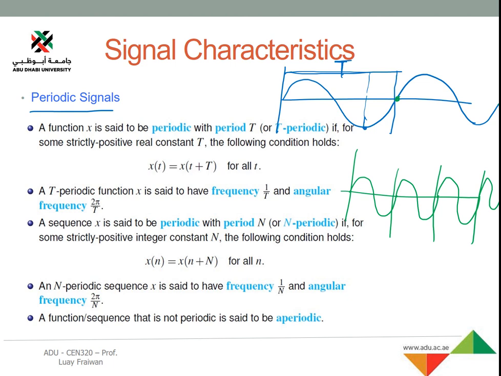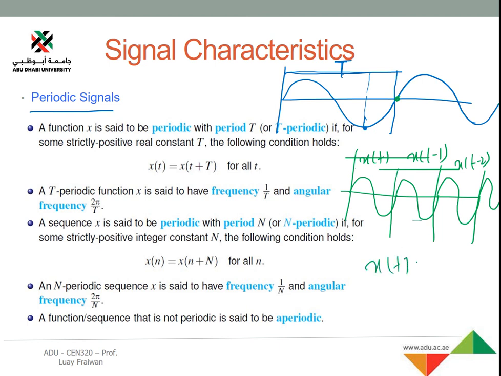Periodic signal means, if we talk in terms of time shifting, let's say this is my original signal. This is my t minus 1 signal, this is t minus 2 signal. All signals are the same.